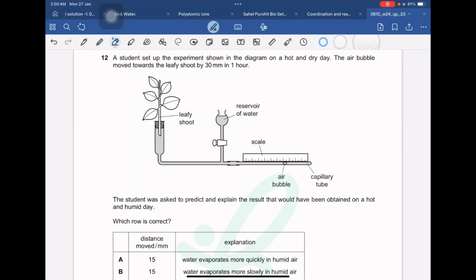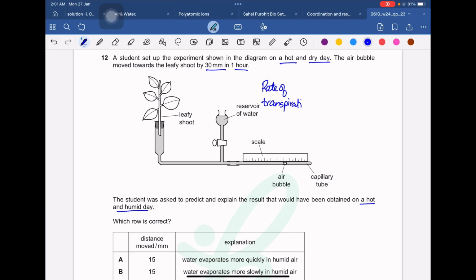Let us move on to question 12. A student set up the experiment shown in the diagram on a hot and dry day. The air bubble moved towards the leafy shoot by 30 mm in 1 hour. The student was asked to predict and explain the results that would have been obtained on a hot and humid day. First of all, we very well know that the rate of transpiration is inversely proportional to humidity.